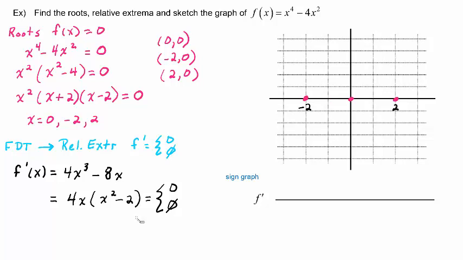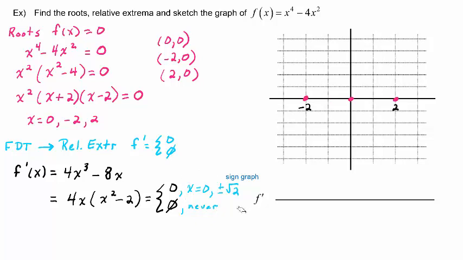Now, solving this derivative equal to 0, that will happen at x equals 0 or x equals plus and minus radical 2. And for when this derivative would be undefined, that's going to be never, because it's a polynomial.